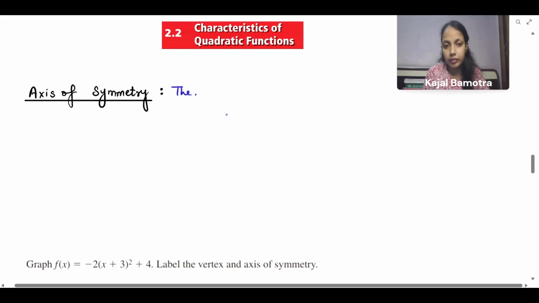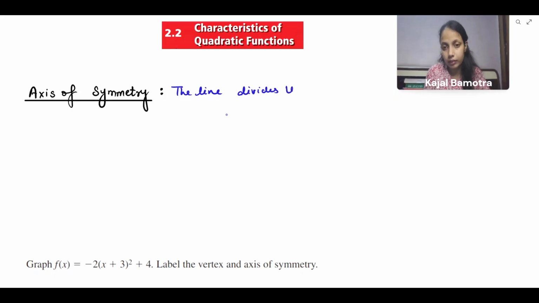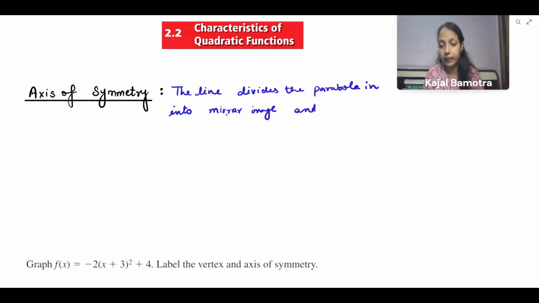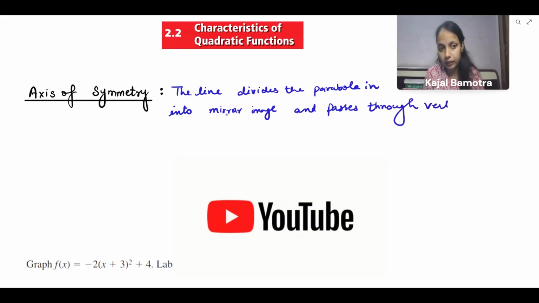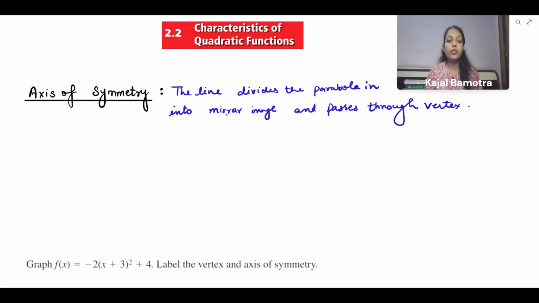The line divides the parabola into mirror image and passes through the vertex. So this is axis of symmetry.